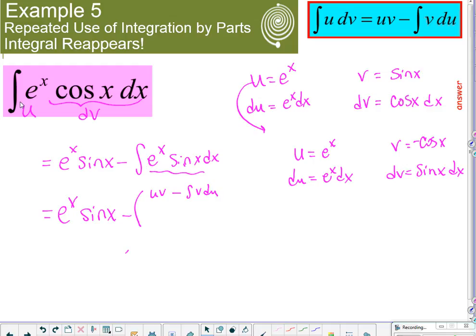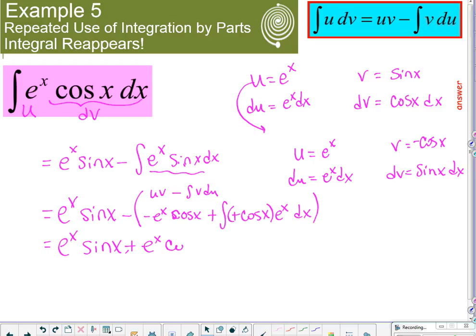So u times v gives me e to the x times negative cosine x, minus the integral of negative cosine x e to the x dx. That'll turn into a plus, and then let's send that negative through: negative e to the x cosine x plus the integral of cosine x e to the x dx.